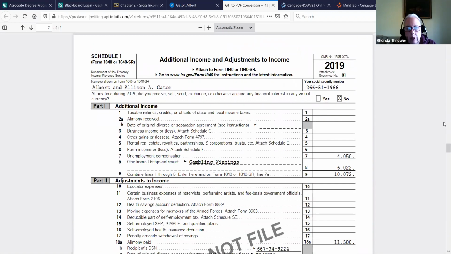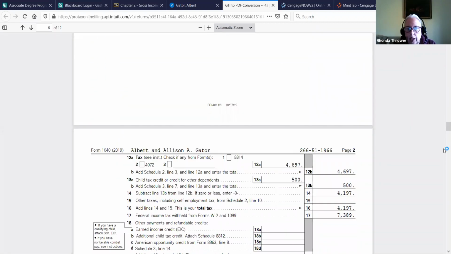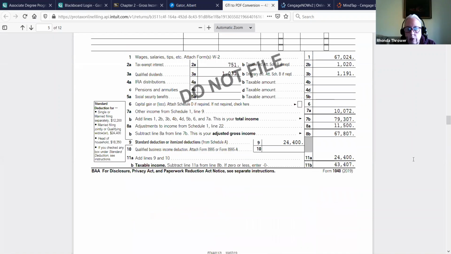It also completed Schedule 1 for you because you had some gambling winnings. And you had some unemployment compensation. The two of these are combined together. That's the total amount of the additional income, which would be entered on line 7A of your 1040. So this is going to match up with 7A on your 1040 right there.